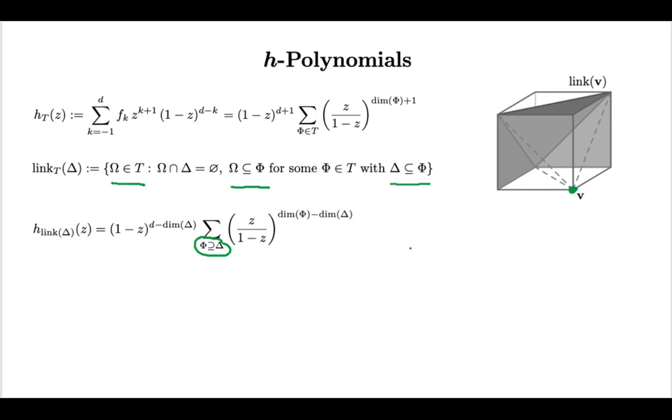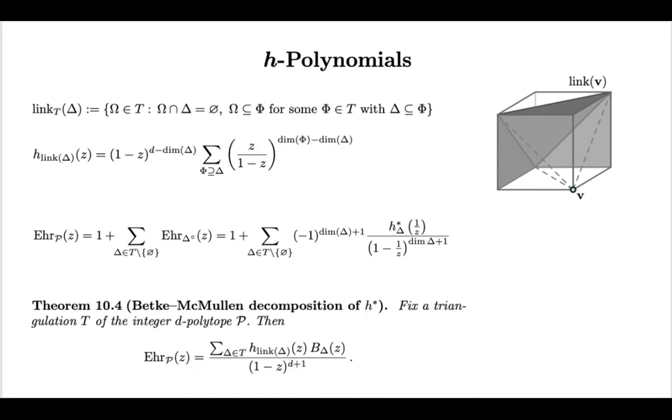And you might think about, what's the connection to the definition of the h polynomial of the whole triangulation? Well, this is the case where delta is the empty set. So for this, I need to declare a dimension, and I claim the correct dimension of the empty simplex in my triangulation is -1. And if you use that, you will see that the h polynomial of a link is a generalization of the h polynomial of the triangulation.